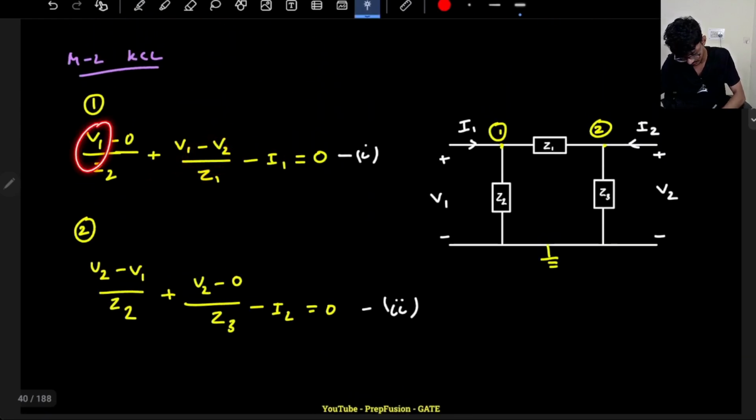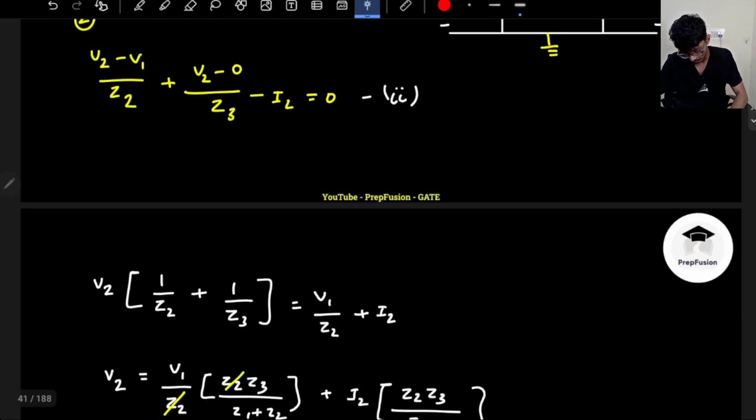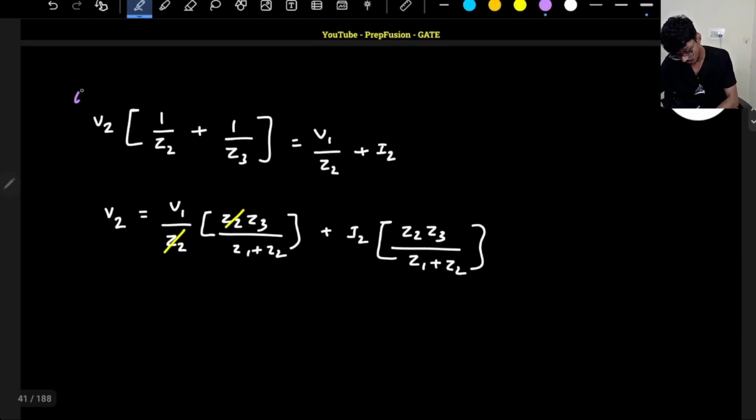Okay. So first let me write this V1 in terms of V2 and I1. So this was the equation 2. Let me rewrite the equation 1.